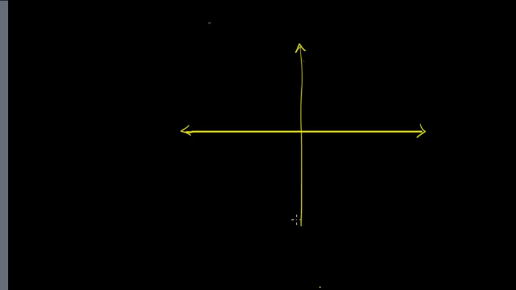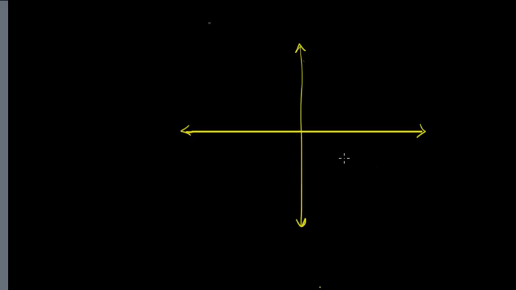So on a coordinate plane, we have the x-axis and y-axis with this small arrowhead to show the direction.